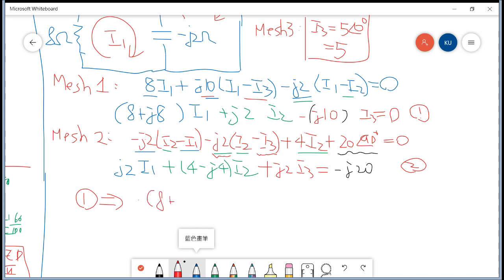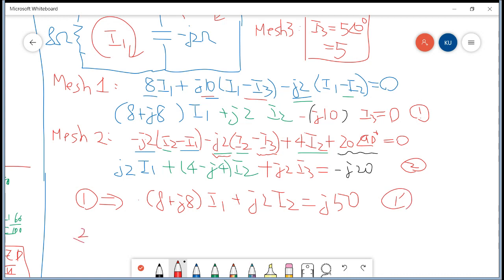8 plus J8 times I1 plus J2 I2, and then I3 is 5, so equals J50. So this is equation 1 prime. For the second equation, you have J2 I1 plus 4 minus J4 times I2.